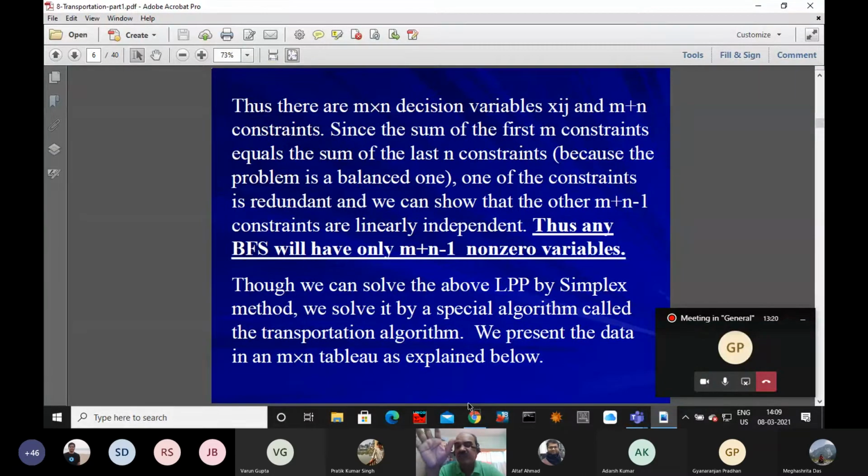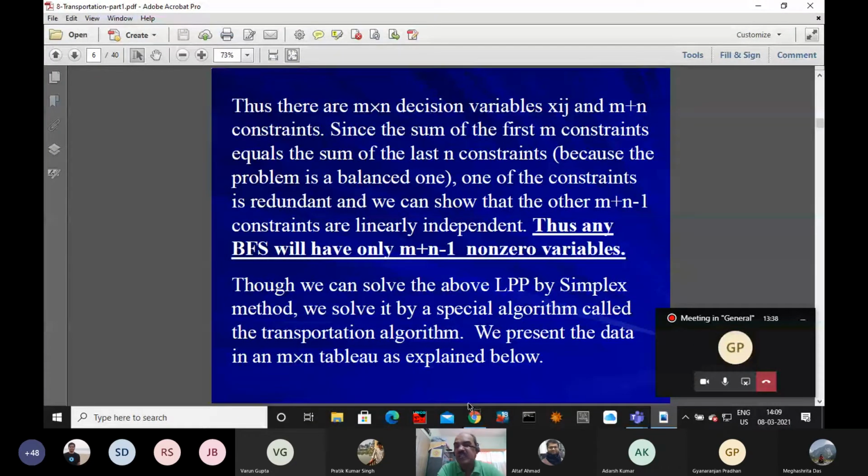So in the basic feasible solution we have at most 8 non-zero decision variables.